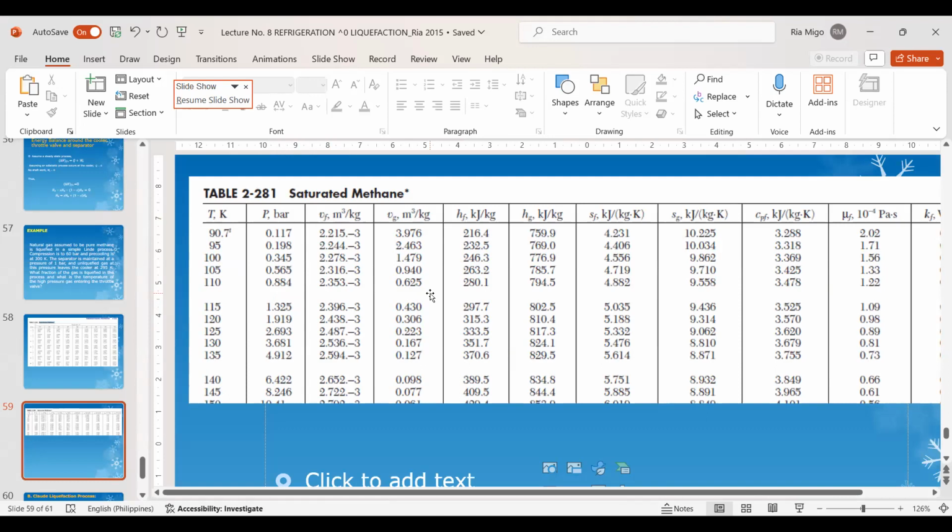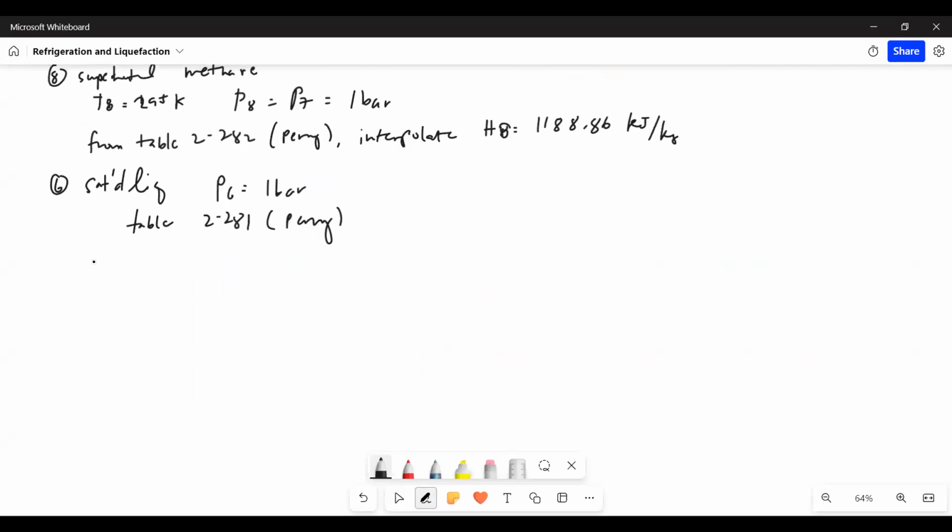F is for the liquid. H sub F is for the liquid. H sub G is for the gas. So by interpolating at 1 bar between these two rows, let's also get H7. So HL, by interpolation.